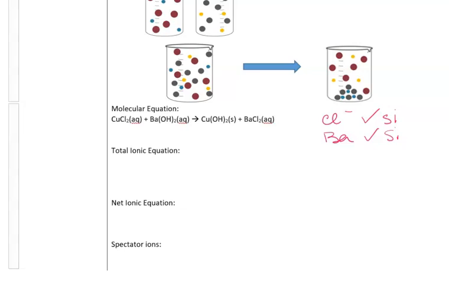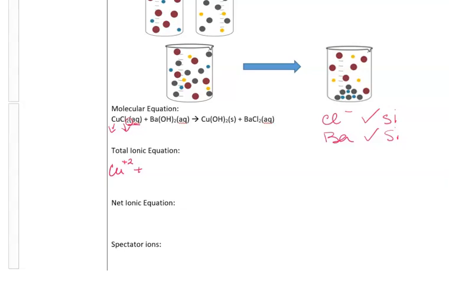But you also need to make sure that you've got the right coefficients. So copper chloride is going to dissociate because it is aqueous. What's the charge on that copper ion? Well, it's a transition metal, so I'm not sure from the periodic table. But because there's a 2 behind that chlorine, I know that it's going to be a +2. Chlorine, I know from the periodic table that it is a -1.